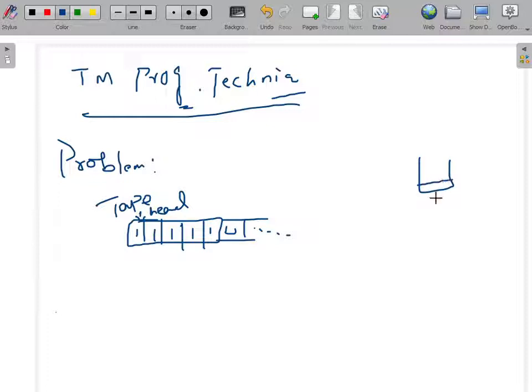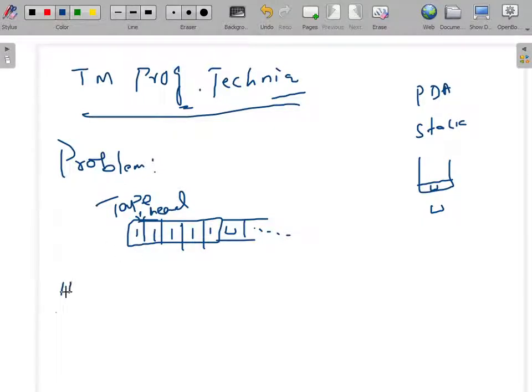At the bottom of the stack we put a special symbol or empty marker, because we needed to identify the last symbol in the stack. We did this in the PDA. In the same way, we need to identify the left end in the Turing machine, and this is a problem we need to solve.